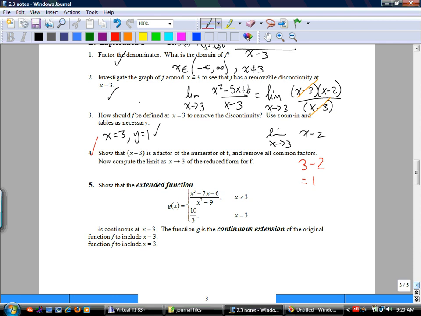So we can change the function into x squared minus 5x minus 6 over x minus 3 when x doesn't equal 3, and we change it into y equals 1 when x does equal 3, and it fills the hole in for us. Cool? We fixed the problem.